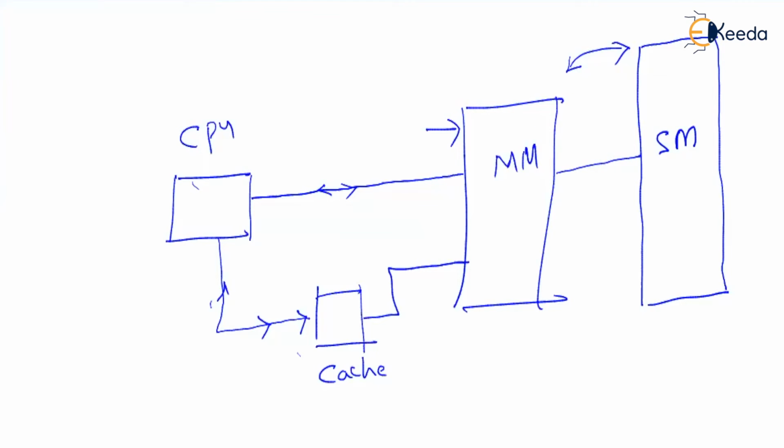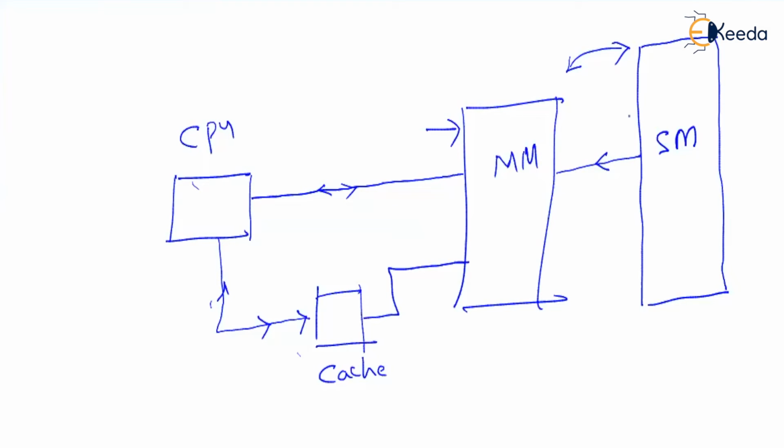Even though the data is not present in the main memory, CPU will not access secondary memory directly. Initially, if the data is not available in the main memory, the data element will get transferred from secondary memory to the main memory. Finally, the CPU is going to access any data element only from the main memory. That is the fundamental rule. CPU can never talk to the secondary memory directly.